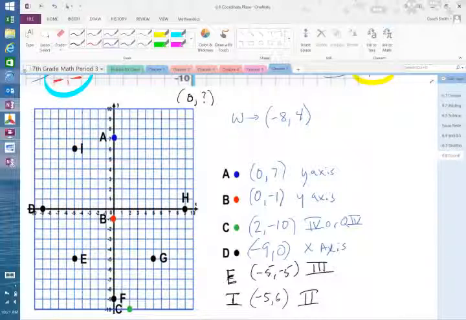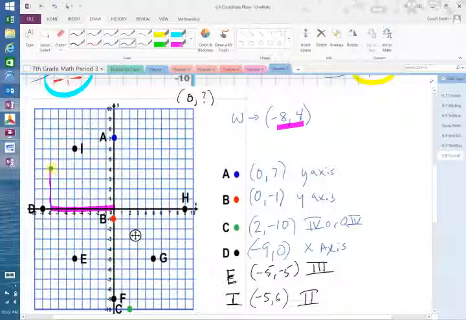Okay? So, the coordinates here are -8 and 4. So I start at 0, I go out to -8, which is out there. And then 4 is positive, so I go up 1, 2, 3, 4. So my point would be right there, and we put a W above it. And that obviously falls in what quadrant? Second quadrant. Quadrant 2.